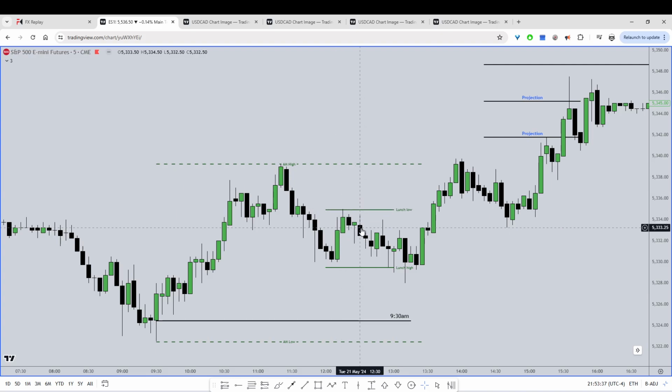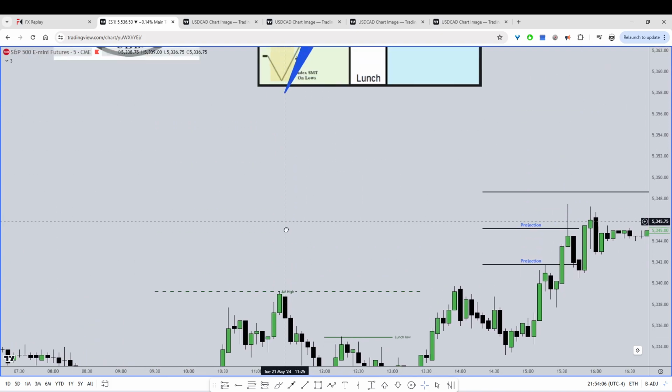We see price sweep the low at 11:00, so after the lunch range is finalized. After that sweep, we then see price shift above. So there's a 1 minute entry here, but you can also see that even as price comes up and fails to make continuous breaks, we revisit a discount array down here, and then we shoot up to the projections.